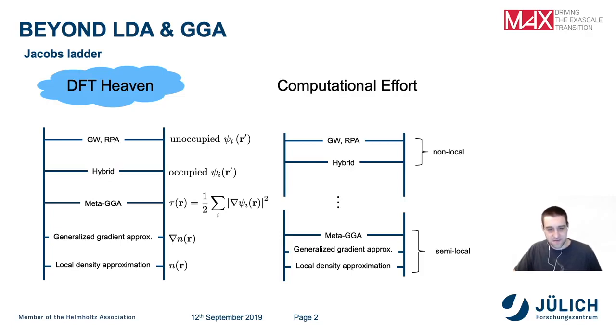So there are slight differences, but if you run FLEUR, you will not be able to tell the difference, which one is faster, an LDA or meta-GGA. However, if you then go to hybrid calculations, there's a big increase in the computational demand. And I will discuss the computational demand of the hybrid calculations later in this talk.